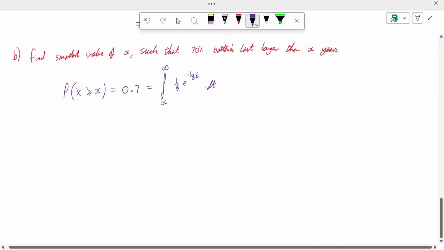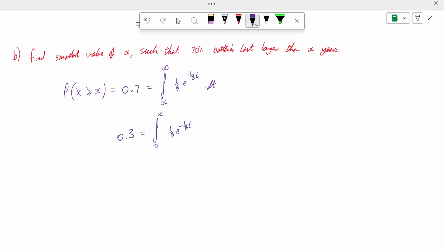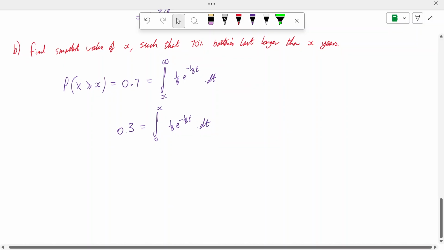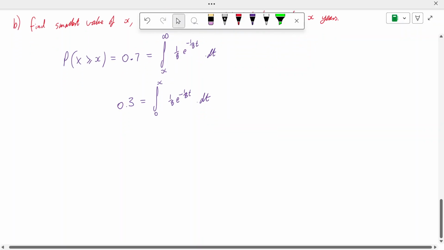If the probability of this event is 0.7, then I know that the probability of my complement is going to be 0.3, because it's 1 minus 0.7. And that's going to be equal to from 0 up to x of my function. This is suddenly looking like something I can solve and find x, which is exactly what the problem is asking me to do, work my way backwards.